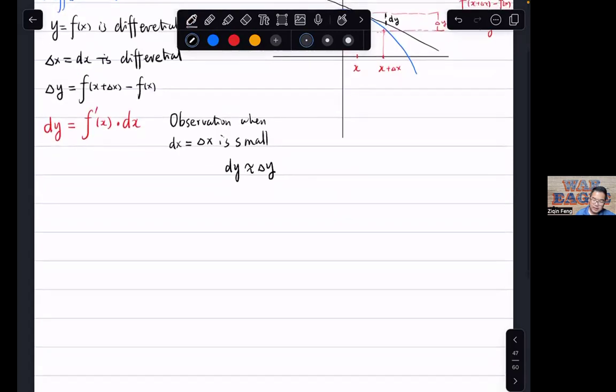So let's see an easy, straightforward example here. Let's see what their difference is.